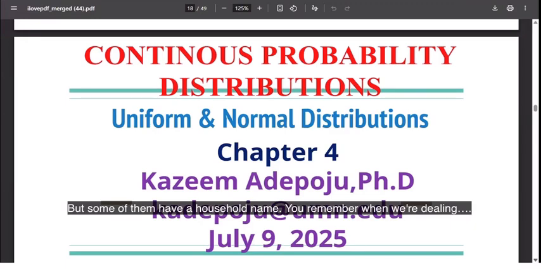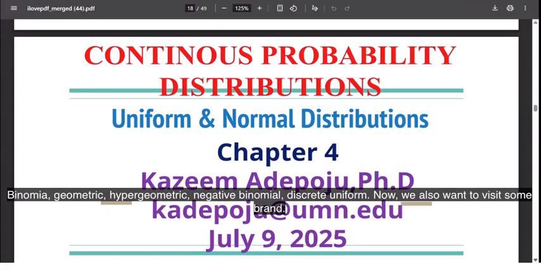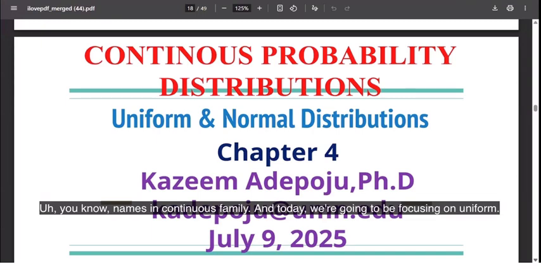You remember when we were dealing with discrete distributions, we had household names like Bernoulli, binomial, geometric, hypergeometric, negative binomial, discrete uniform. Now we also want to visit some brand names in the continuous family. And today we're going to be focusing on uniform and normal distribution.